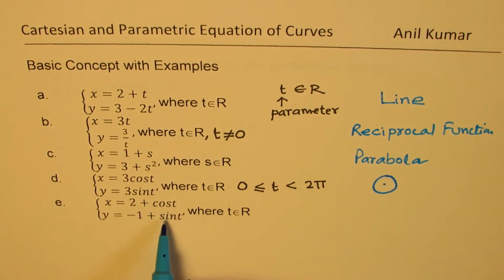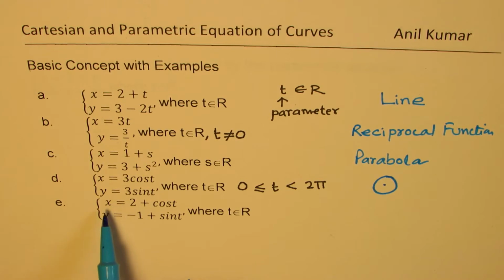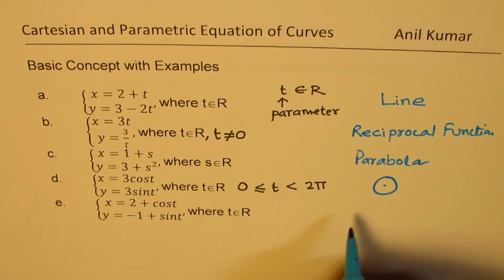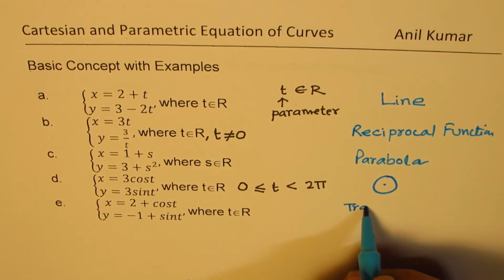We have a very similar looking equation here where we are writing x equals 2 plus cos t and y equals minus 1 plus sin t. Now this also will represent a circle, but this 2 and minus 1 gives you a translation.